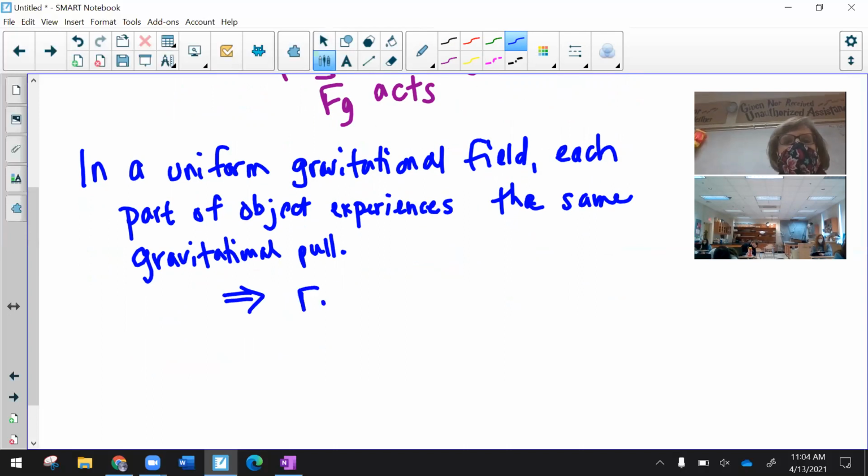And that implies that the center of mass is in the same place as the center of gravity.